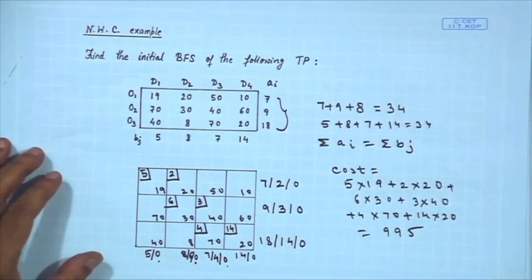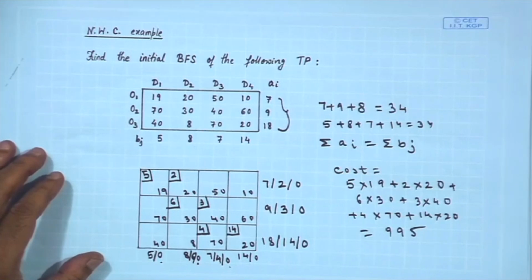Like this, various other techniques are there, but the only thing to remember is that the allocation is correct depending upon the availability and the demand, that is, summation over A i equals summation over b j is satisfied. It does not mean that the cost will be optimum, that we will see later.